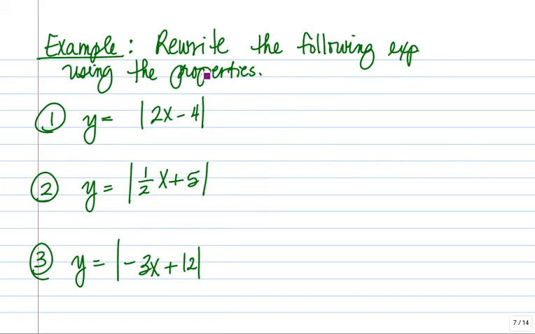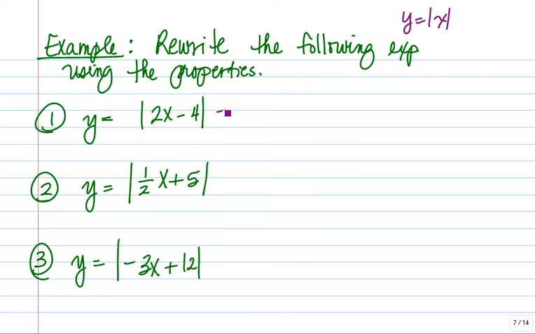Now, I've asked you here to apply some of these properties just to rewrite these expressions. And the key way that you use those properties is if you're trying to figure out how the basic function was transformed. So if you're thinking about the basic function being the absolute value of x, how was the absolute value of 2x minus 4 a transformation of that?